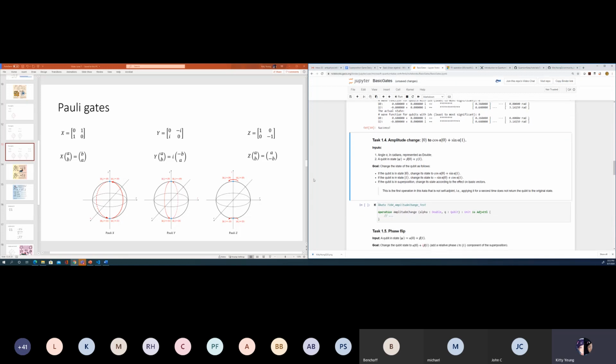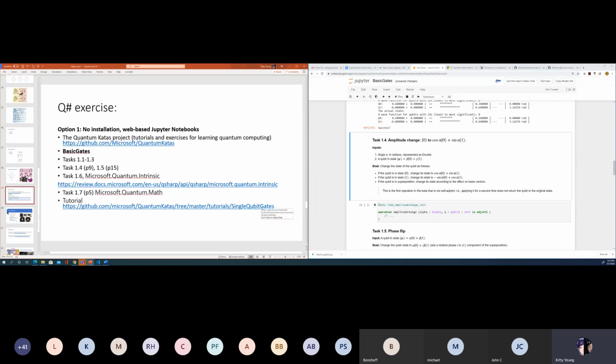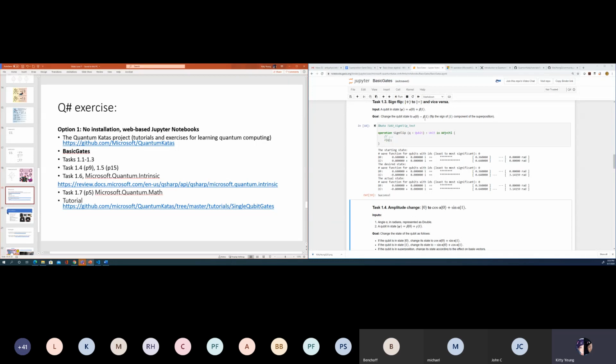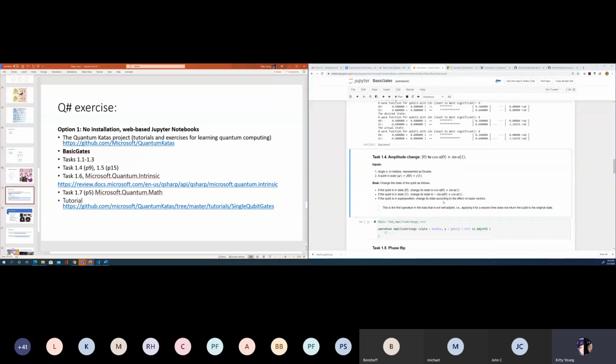Task 1.4. What we're trying to do here is that arbitrary angle thing that I showed earlier. So now you don't have a nice clean 0 and 1, but arbitrary alpha and beta. They could be represented as angles on that Bloch sphere.